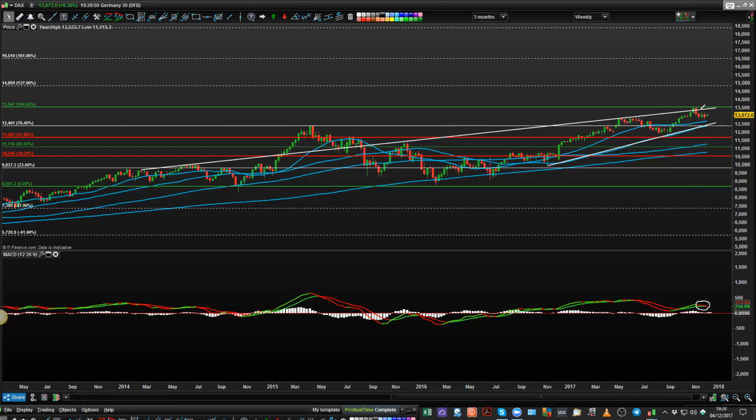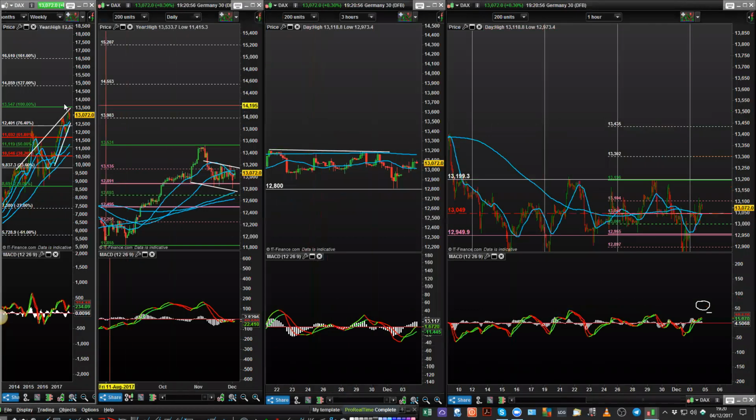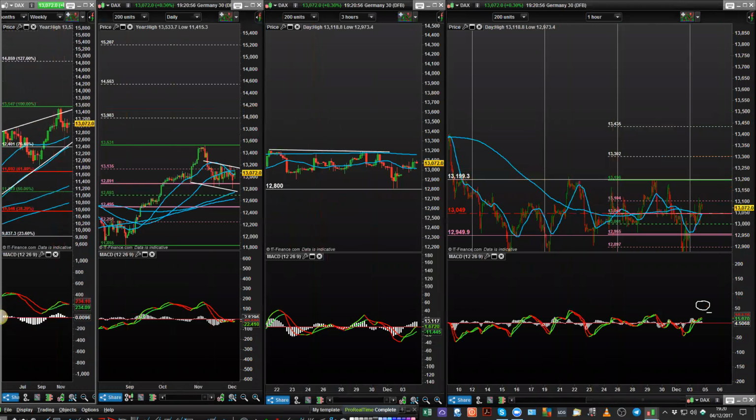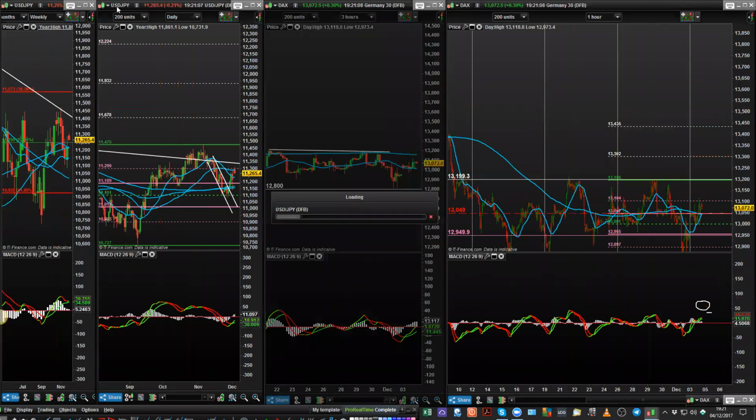Let's look at one more market, and then I want to talk about gaps and potential moves for the rest of the week. Let's look at the US dollar yen.